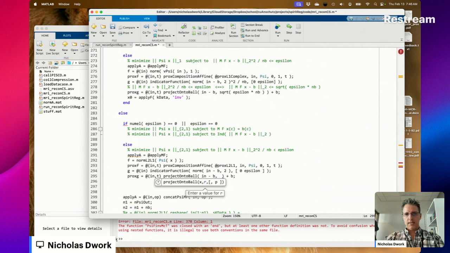And what's the radius? NB times epsilon square root.